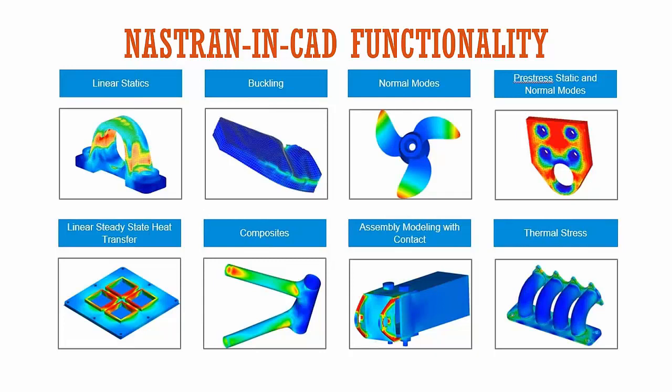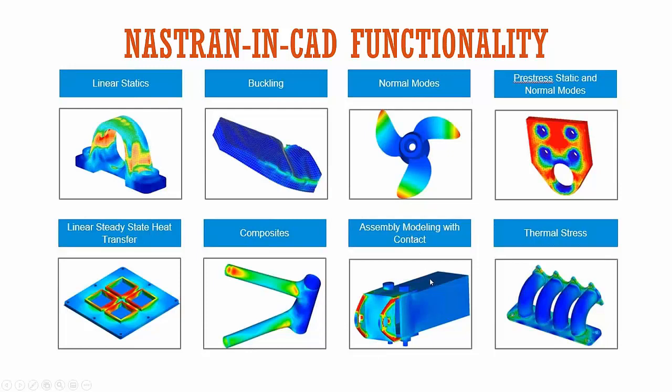Buckling is also included in Nastran. Then the normal modes, pre-stress static and normal modes. The heat transfer that we can do in Nastran. We can assemble composites, the plies, where the laminates overlap each other and are in different directions. So we can create a composite and analyze the stress and strain in it.